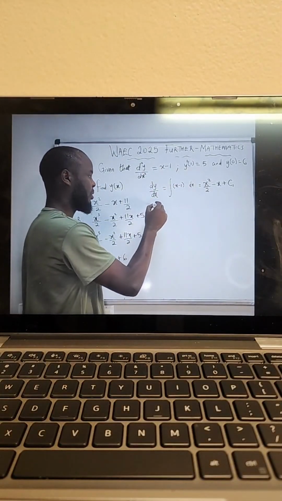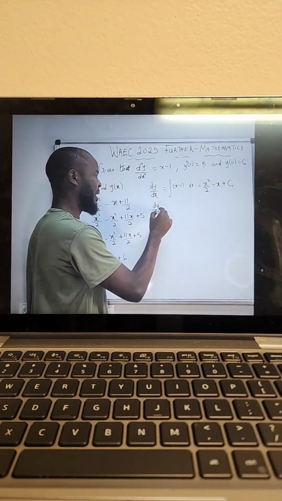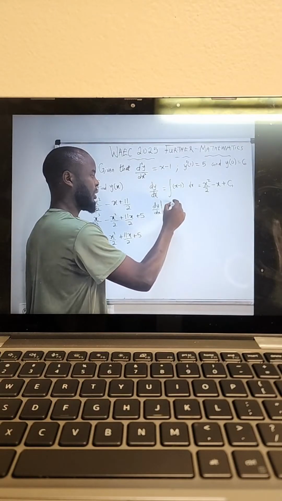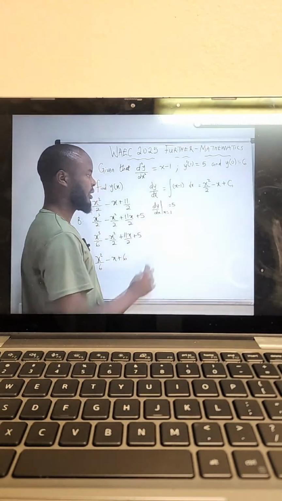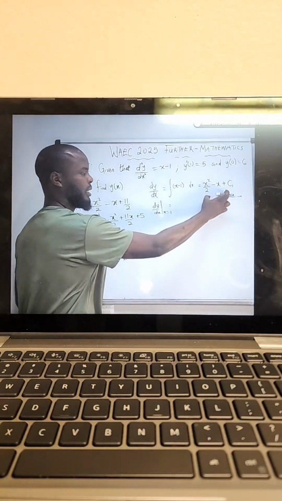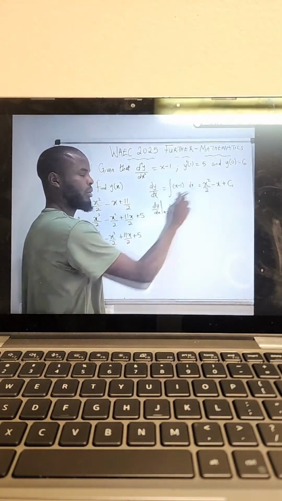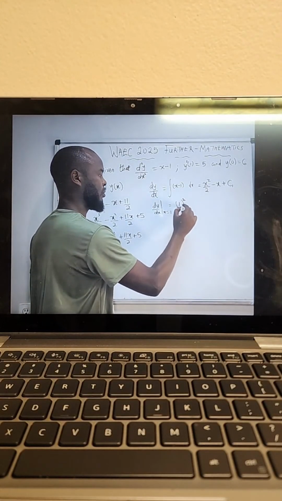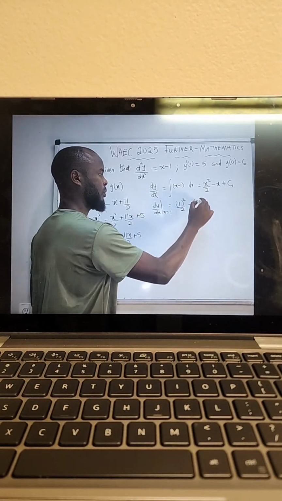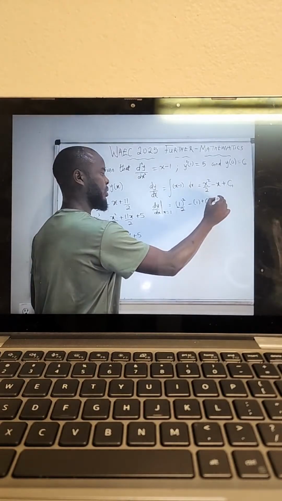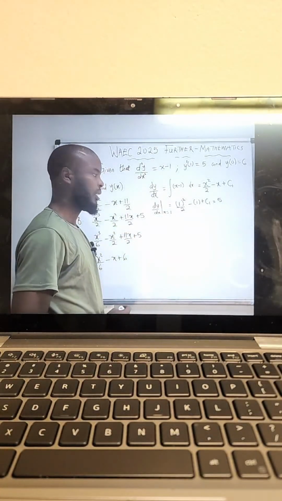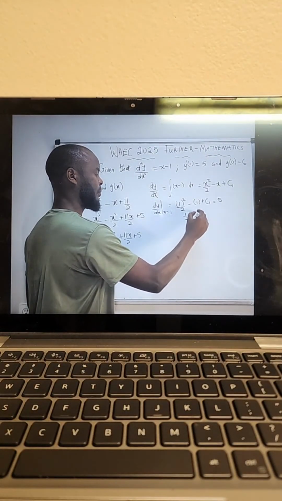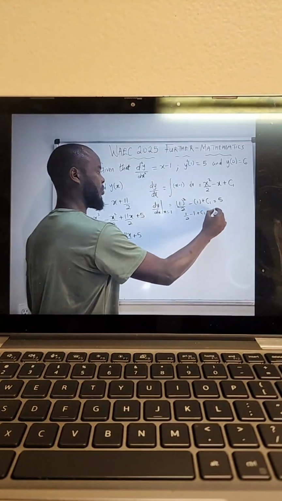Now, the first derivative when x equals 1, you want to equate this to 5, right? So what this is telling you is to plug x equals 1 into this equation. Here we have 1 squared over 2 minus 1 plus c1 equals 5.